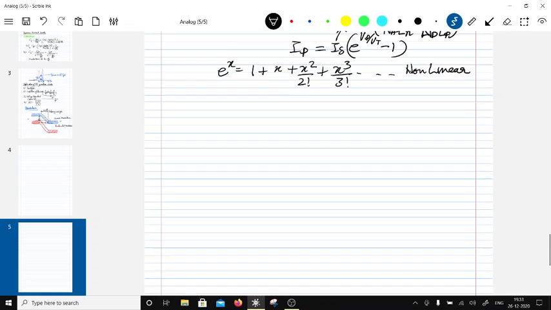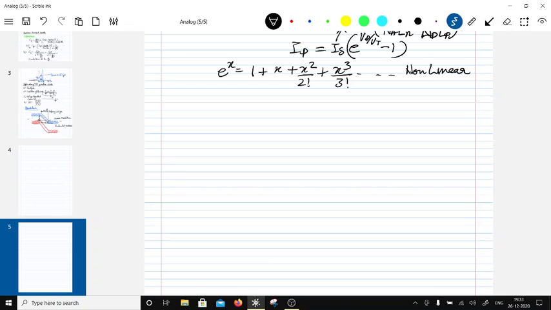Because of this non-linear nature, if you have, let's say, cos of omega 1 t as one signal plus cos of omega 2 t as the second signal, so if this is x, then the x square and x cube will result in the mixing of these omega 1 and omega 2.